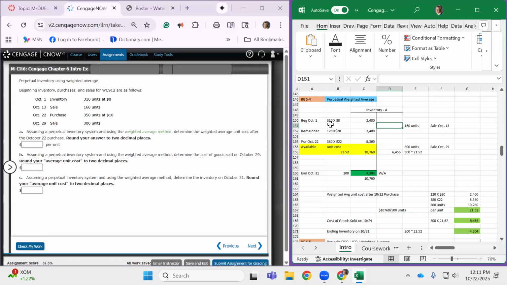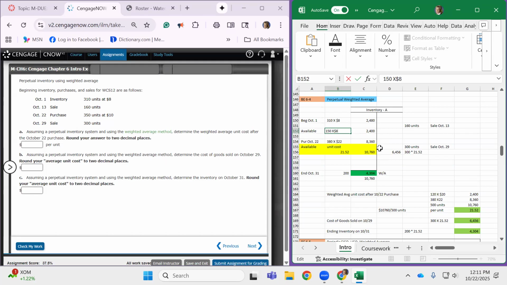All right, so 310 items were there and we sold 160. So you need an available amount after every sale. After every sale, you need available. Okay, so 310 minus 160 is 150 items remaining. 150 items remaining at an $8 cost.